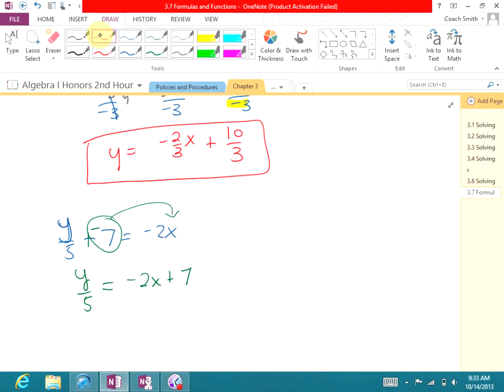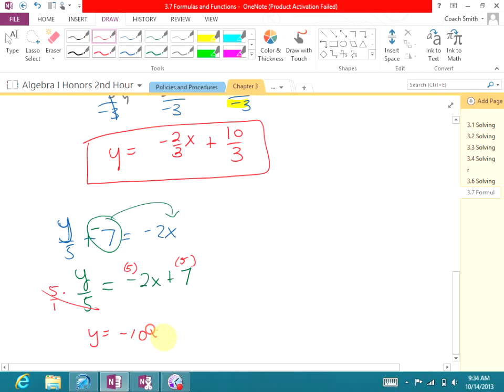Now I have to multiply everything by 5 over 1. So I multiply by 5 here, I multiply by 5 there. Cancels over here, leaving me with y. 5 times negative 2 is what?